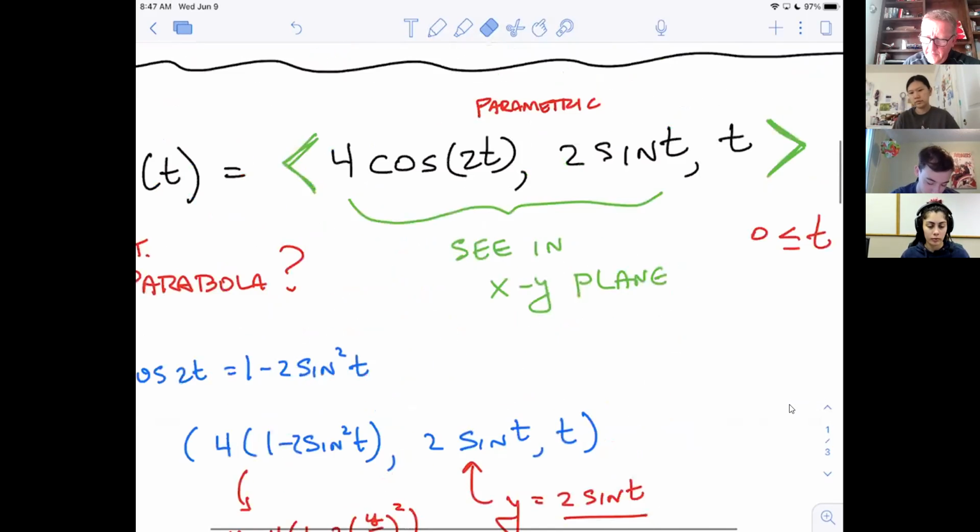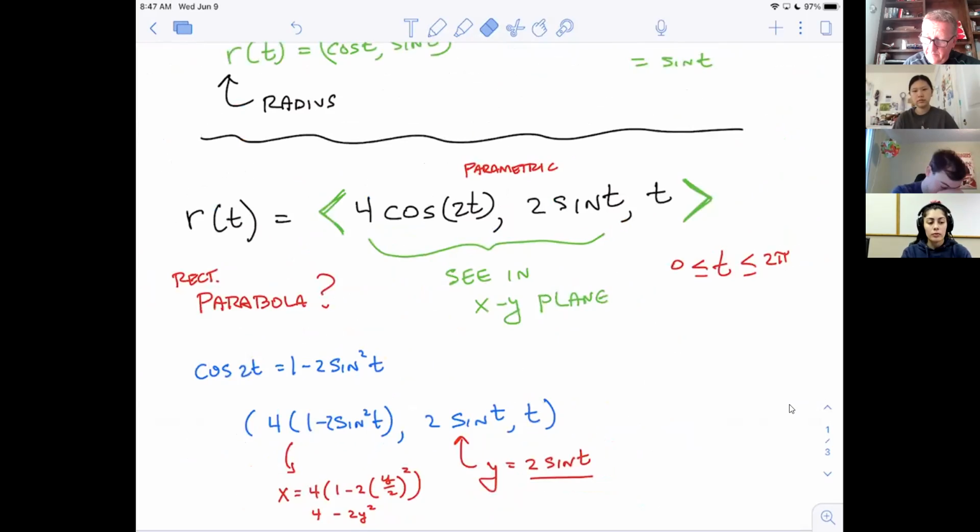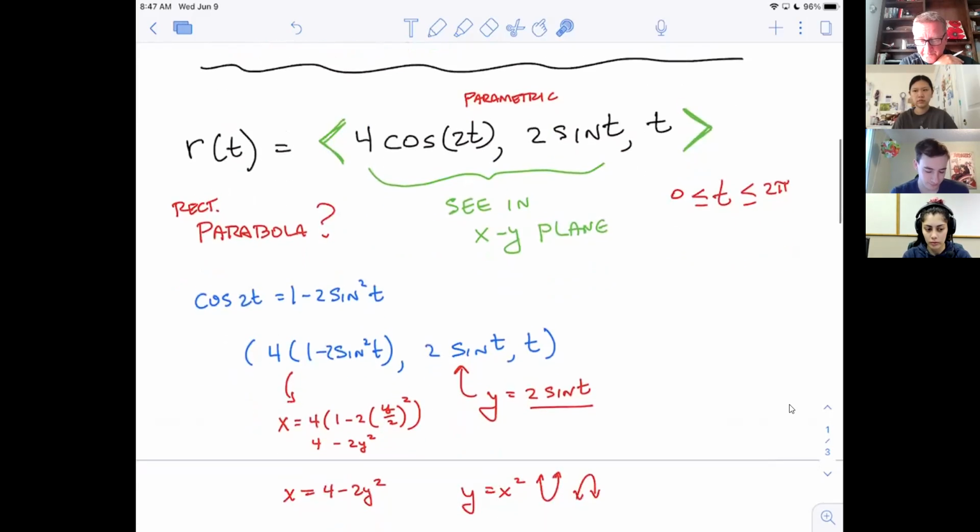I ignored the t. In other words, I ignored this part of it over here because I kind of understand what that's doing. Again, I'm just trying to grow my intuition about what a graph looks like here. I can't really consider all these at the same time. I know that t is just going to take the xy plane graph and make it climb and get taller and taller and taller. So I really just looked at the xy answer.